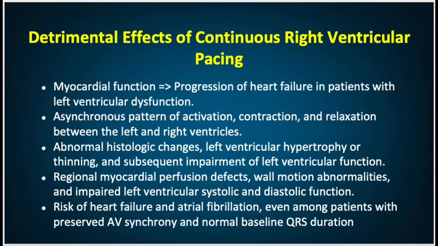In a recent study of patients with sinus node dysfunction, continuous right ventricular apical pacing was associated with an increase in heart failure and atrial fibrillation, even among patients with preserved AV synchrony and normal basal QRS duration.